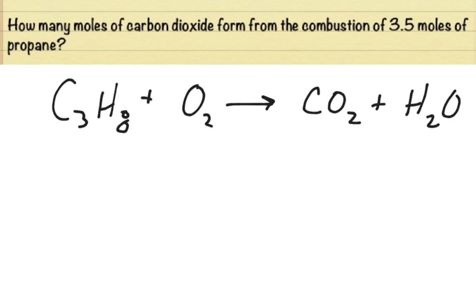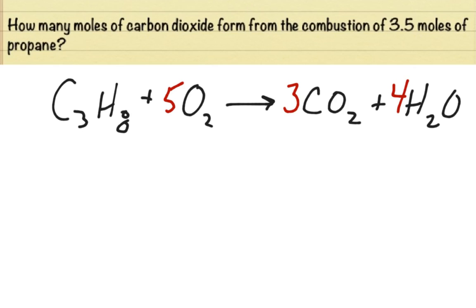When we balance this equation, we find that we need 5 oxygens, 3 carbon dioxides, and 4 water molecules. Now that we have the balanced chemical equation, we can start to set up our stoichiometry problem. At this point, we could also analyze our mole ratios.